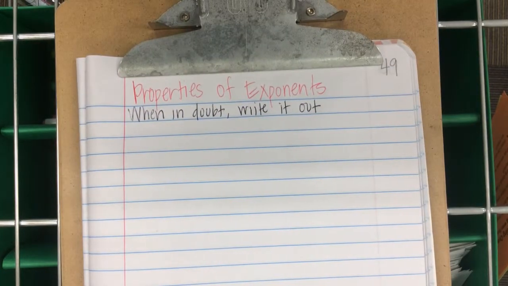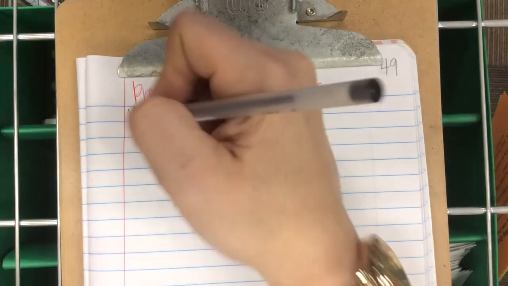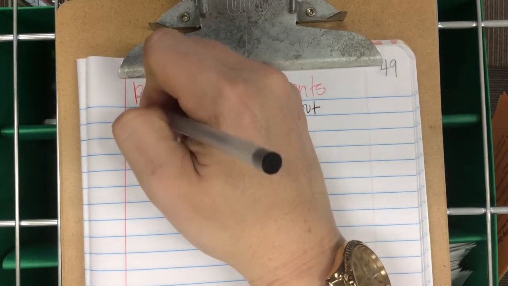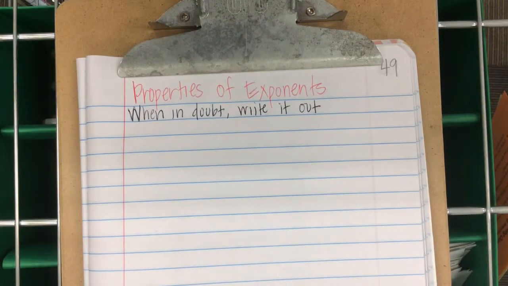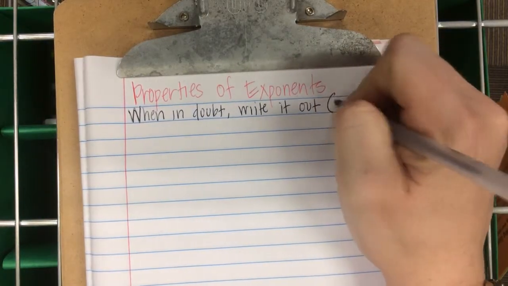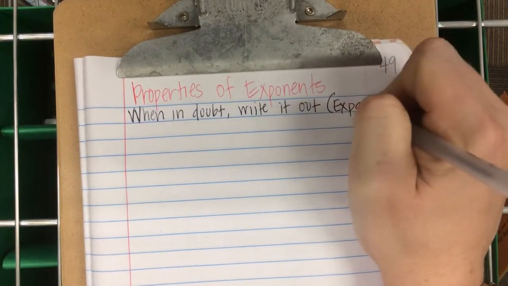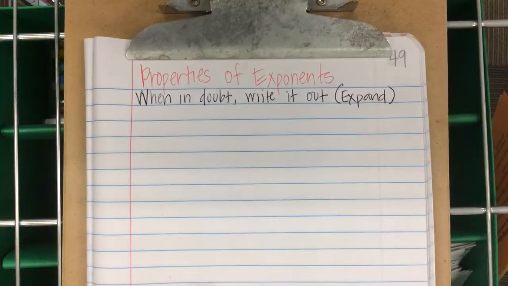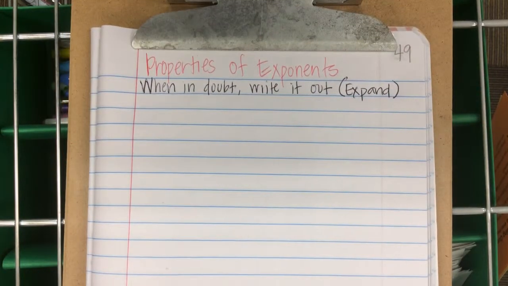If you can't remember the specific rule, which is understandable, you can't remember exactly what the rule tells you, because if you do the rule wrong, you'll get the problem wrong, right? So if you can't remember the rule, when in doubt, write it out, which mathematically is called expand. When you can't remember what you're supposed to be doing, when in doubt, write it out.